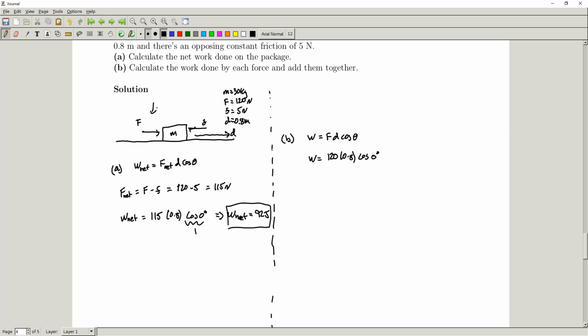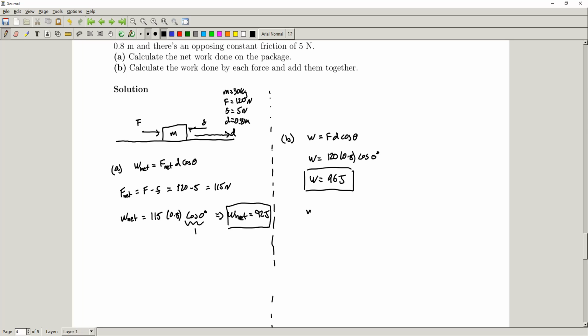Our F points in the same direction as our D, so there's no angle between them. And if we do this calculation, we're going to find that W is equal to 96 joules. Okay, so that's the work done on this object by our applied force.